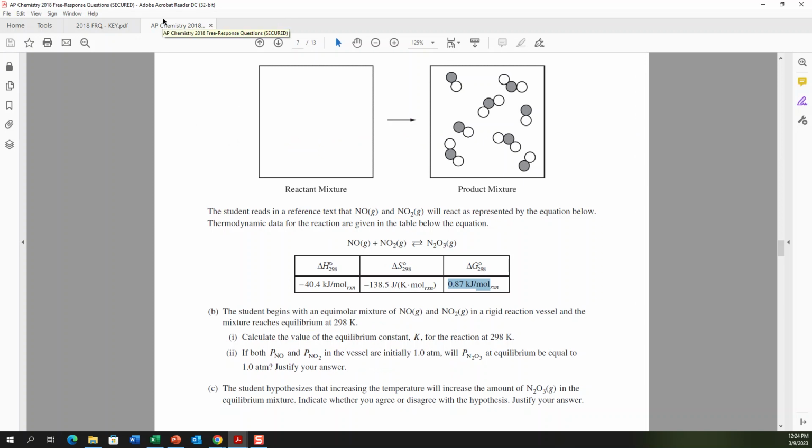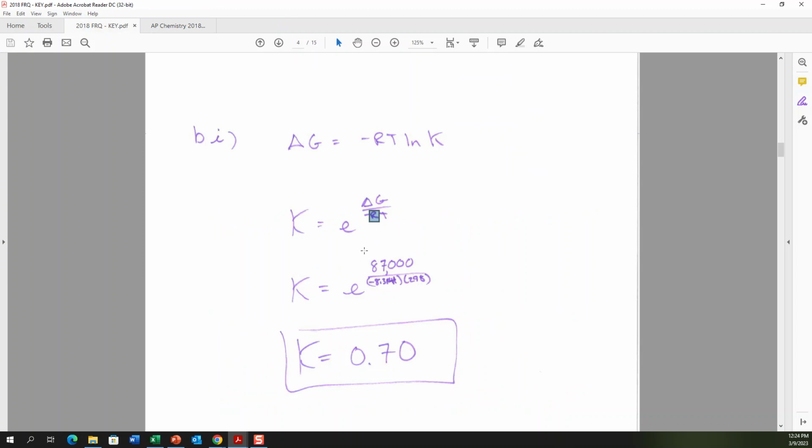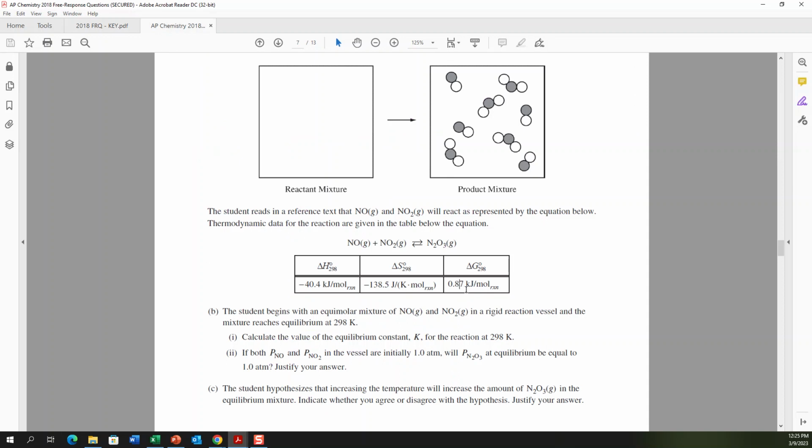I think, did I do that right? So that should be 8,700, not 87,000. So I messed that up. Hold on. Okay, so obviously I messed that up. Point 0.7 wouldn't be the right answer. Again, it wasn't 87 kilojoules. It was 0.87 kilojoules.